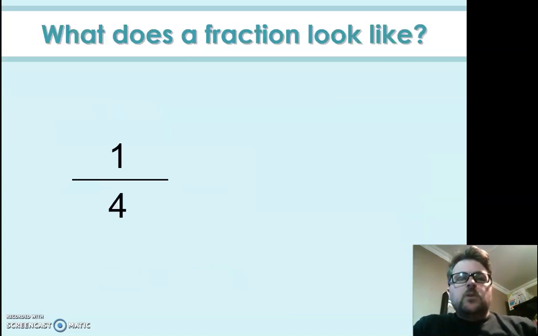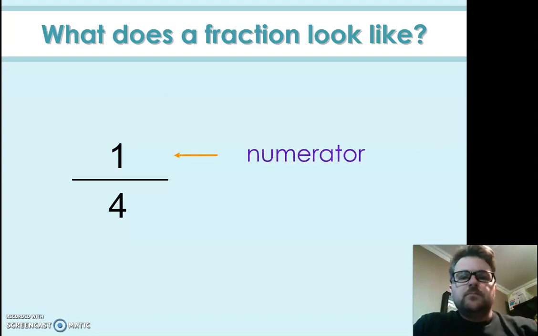What does a fraction look like? Well, it's a number written on top of a number, almost like a division sign, but we use numbers instead of dots. The top number is called the numerator, and the numerator is the number of pieces that we're talking about. So if I'm talking about 5 Smarties, my numerator would be 5.